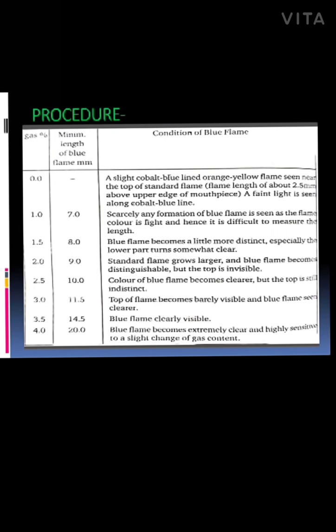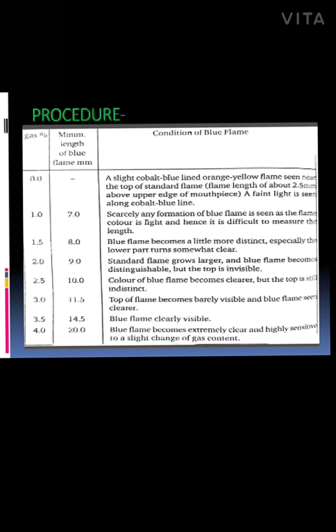And if the length of the flame is 10 mm, then it is 2.5. At 11.5 mm, the gas percentage is 3.0%. At 14.5 mm, that will be 3.5. At 20 mm, that is at 2 centimeter, the gas percentage is 4.0%.